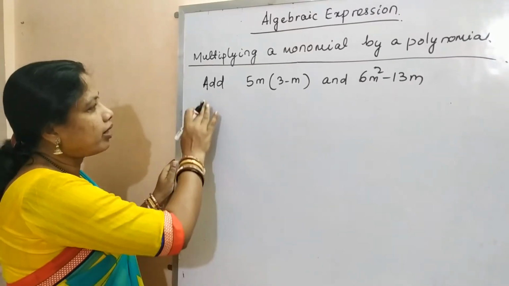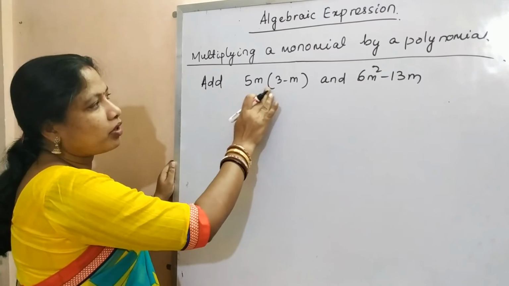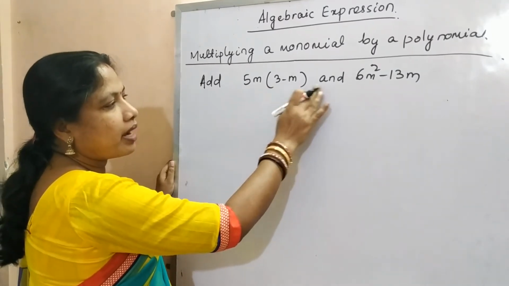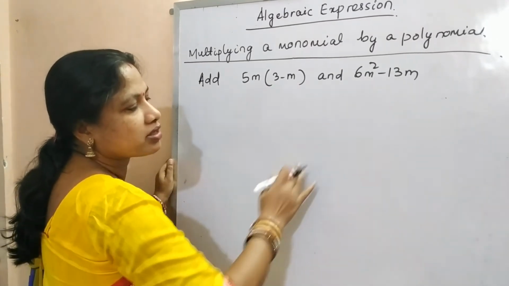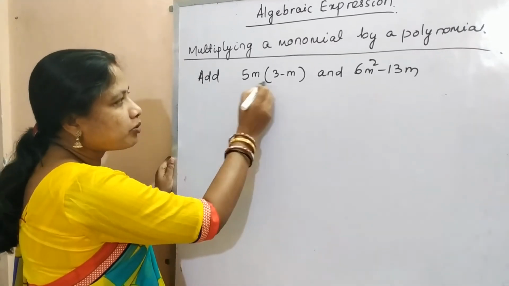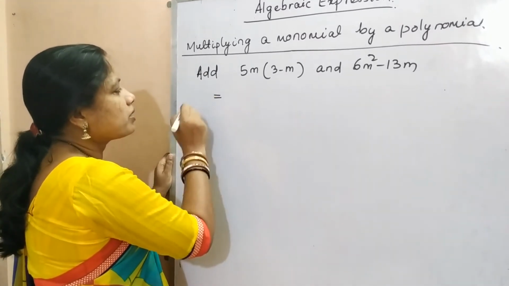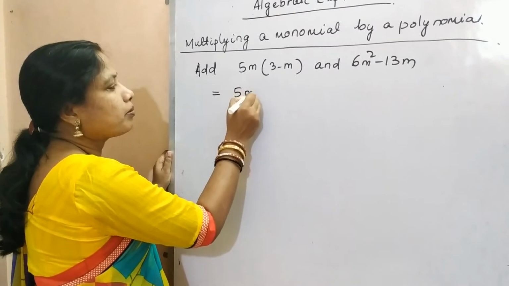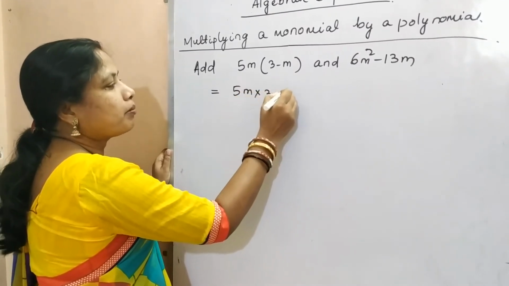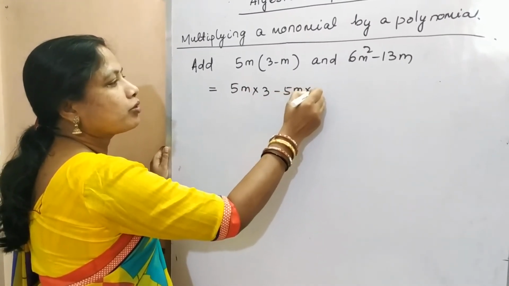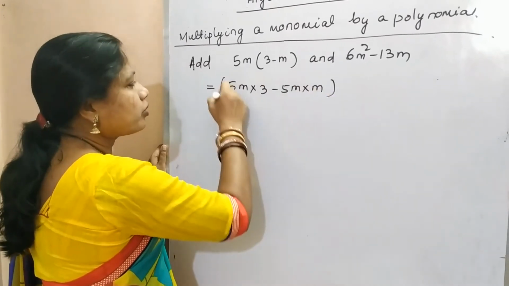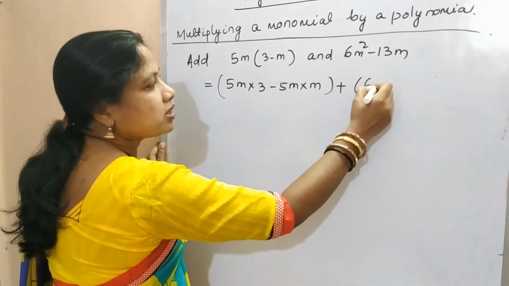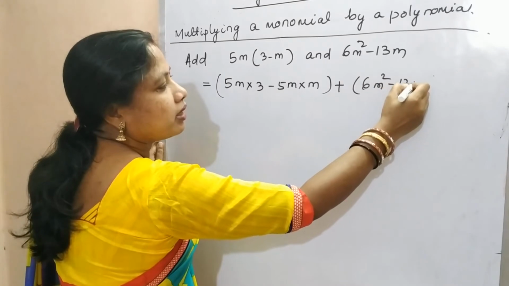Next example, add 5m multiplied with 3 minus m and 6m square minus 13m. So first we have to simplify this. So this becomes 5m multiplied with 3 minus 5m multiplied with m. Then we have to add 6m square minus 13m.